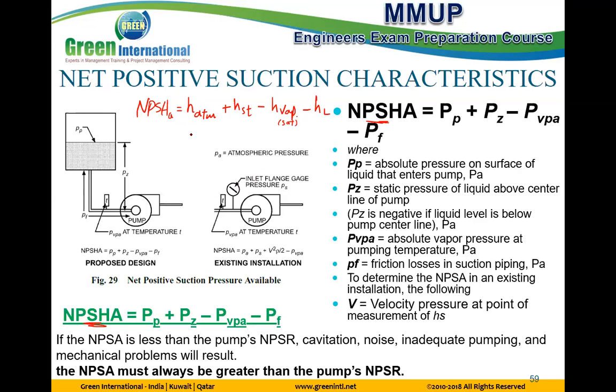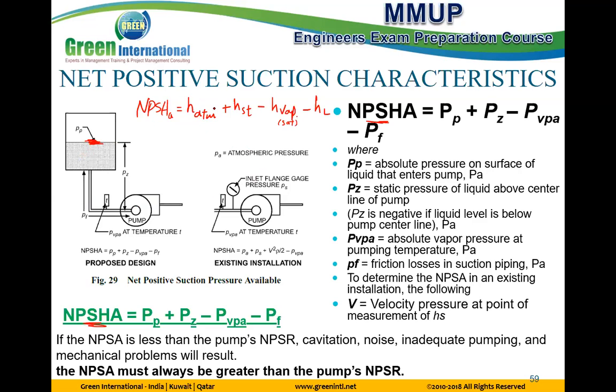Okay, let me check each H part with you. For the first one, H atmospheric, which refers to the atmospheric pressure for this topic. For example, as you see here, the pressure for this reservoir is part of H atmospheric. If this tank is closed, it should represent the pressure inside the enclosure.